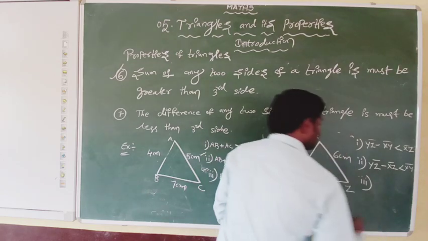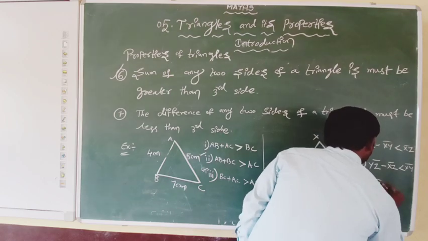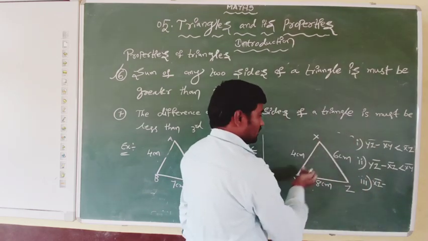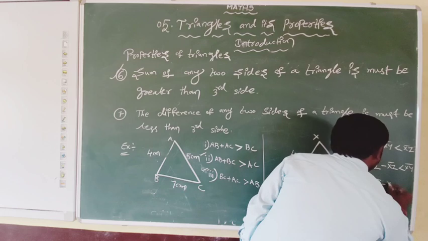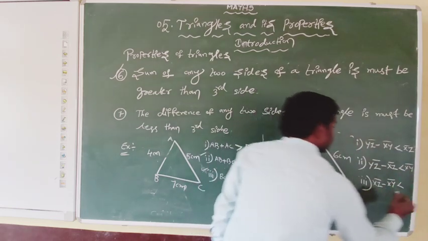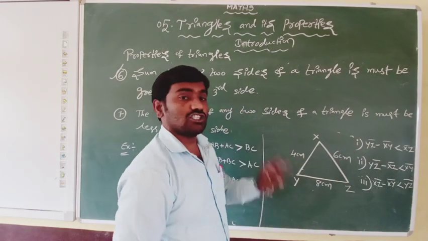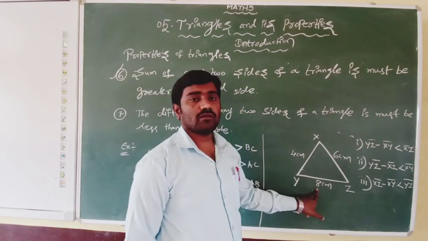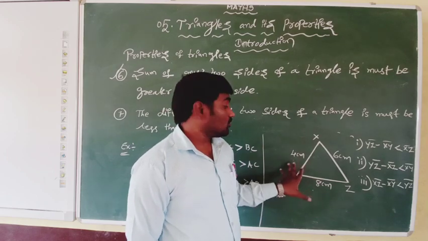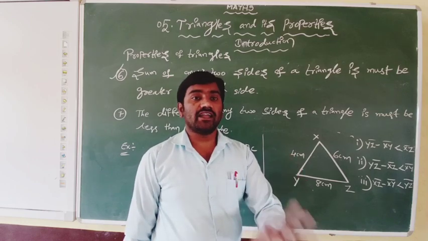From the greater side XZ we have to subtract the smaller side XY. It should be less than YZ. Yes. 6 centimeter minus 4 centimeter is 2. 2 is less than 8. Simple. So 4 centimeter, 6 centimeter, 8 centimeter can form a triangle.